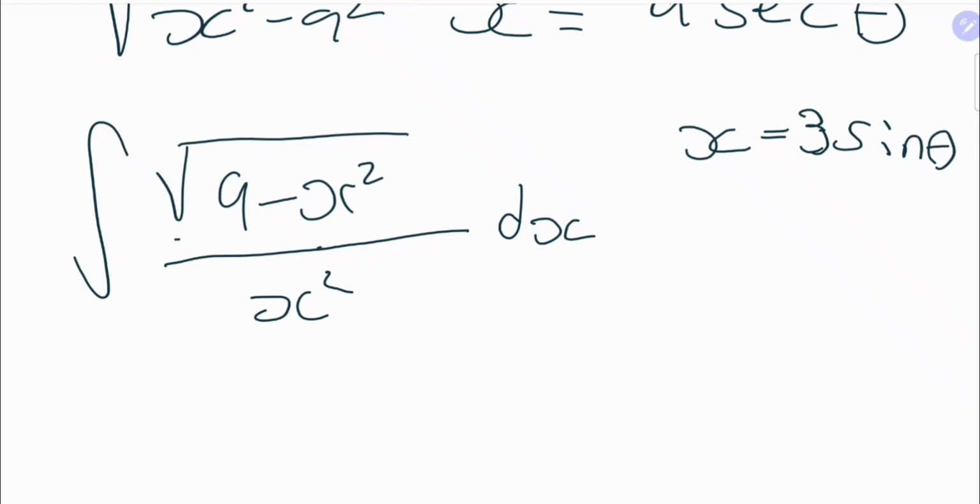You may also notice we have dx here. We are going to want this in terms of theta, as this integral is going to be in terms of theta now. So let's change the dx. We basically just have to take the derivative of x, which is equal to 3 sine theta.